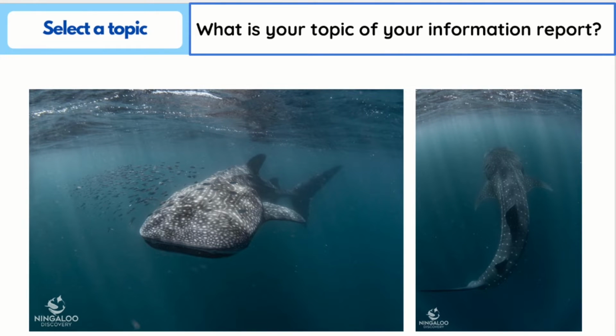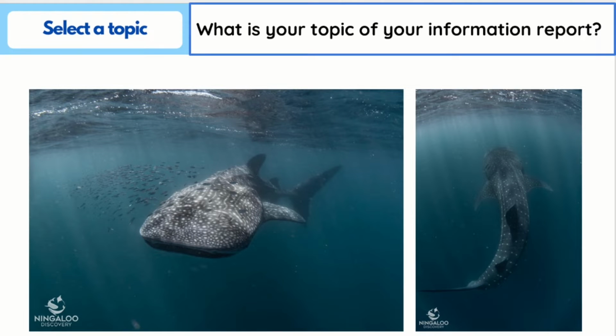So what do you think this animal is? Oh, so it's got flippers, it's got fins, it's got a tail. You can see that it's in the ocean. It's got spots. You can see there's little fish around it. What animal do you think this is?